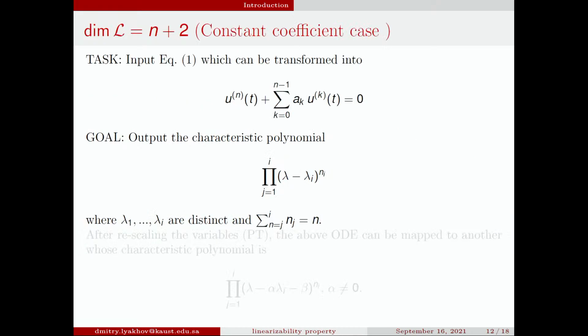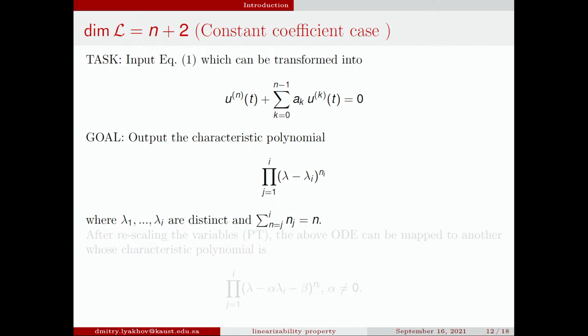Okay, so our next algorithm is about the special case where the dimension equals n+2. We know that in this case, the linear ODE could be with constant coefficients, like this one.